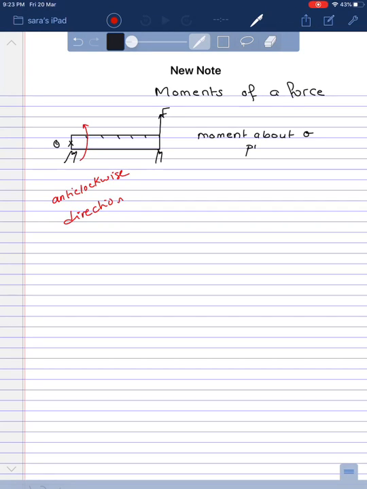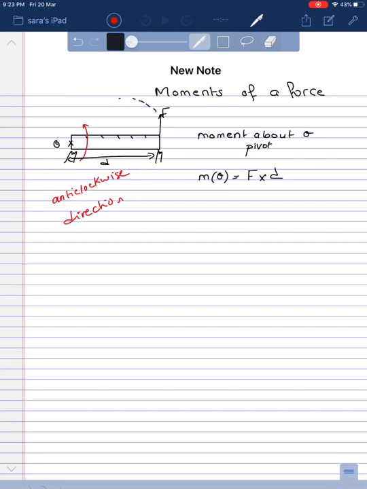So O in this case is my pivot, and I can find the moment about O, which will be defined by this force multiplied by how far this force is from the pivot or from the fixed point. So if we multiply F by D, it gives us a measure of the amount of turning force that we can supply relative to O.